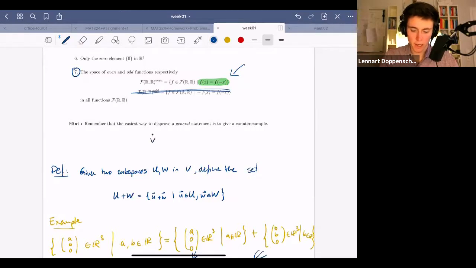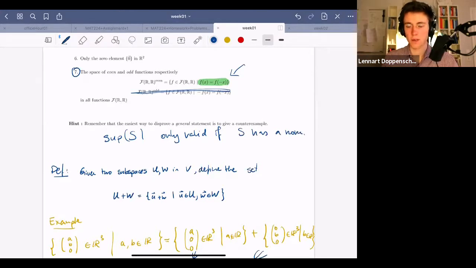But is V less than W? What does that even mean? The supremum only makes sense if S has a norm. This means you need to say what it means to have a size in S, and we haven't done anything like that.